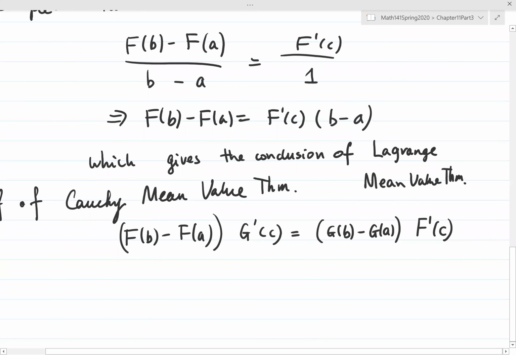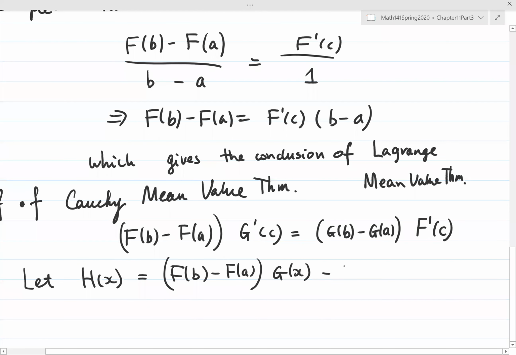Let for instance H(x) be (F(b) minus F(a)) times G(x) minus (G(b) minus G(a)) F(x).